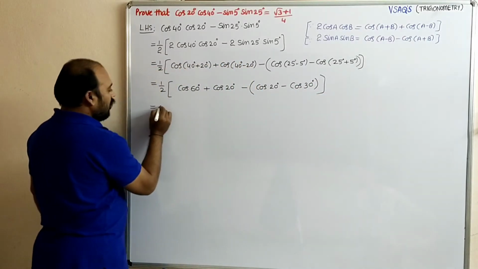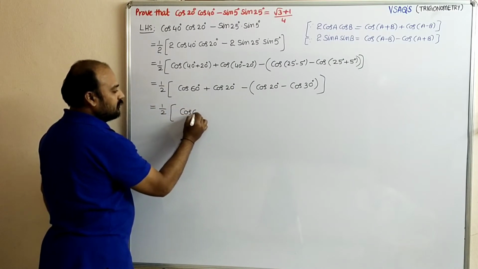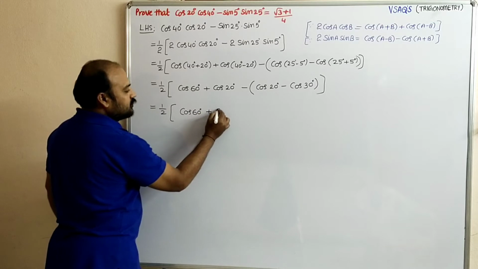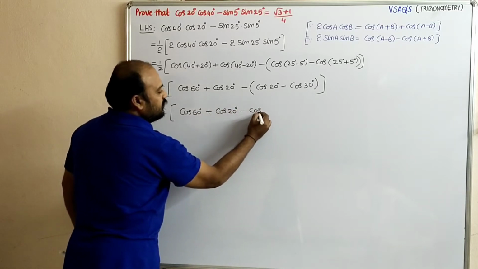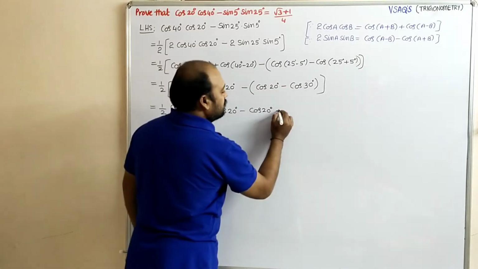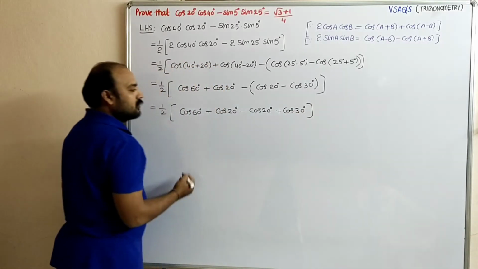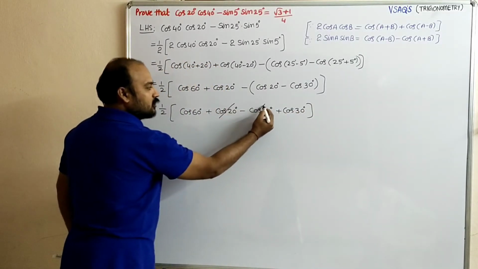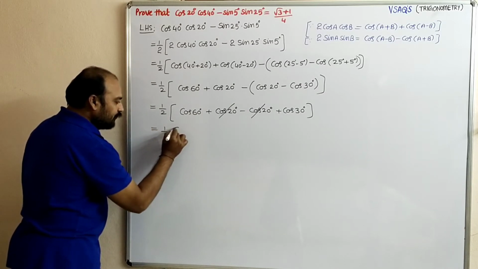Which is equal to half into cos 60 plus cos 20 minus cos 20 minus into minus plus cos 30. So plus cos 20 minus cos 20 get cancelled, which is equal to 1 by 2.